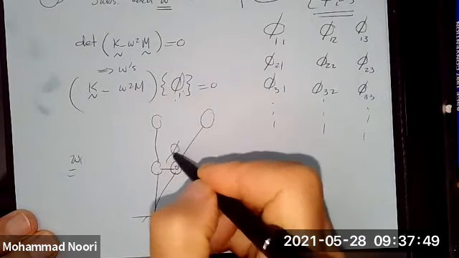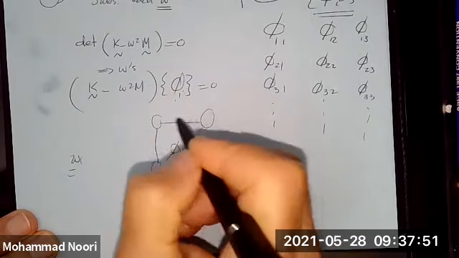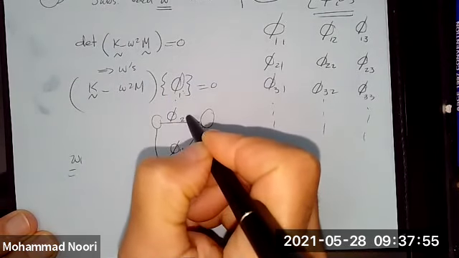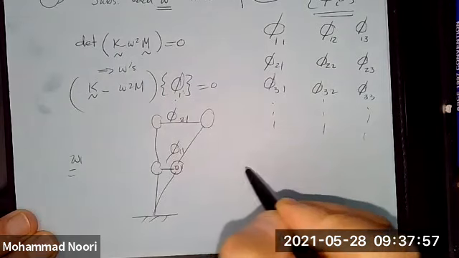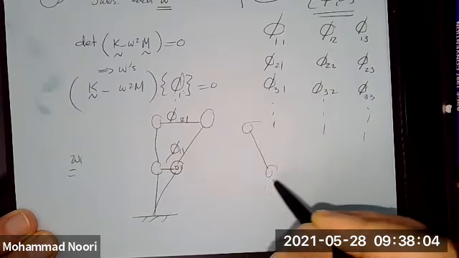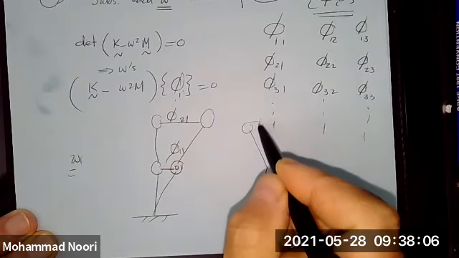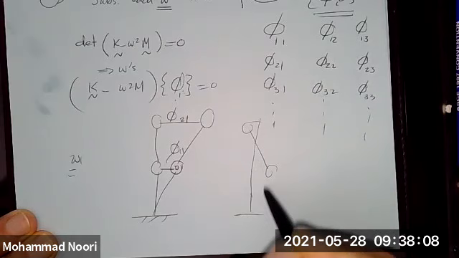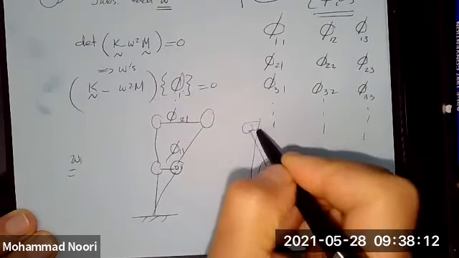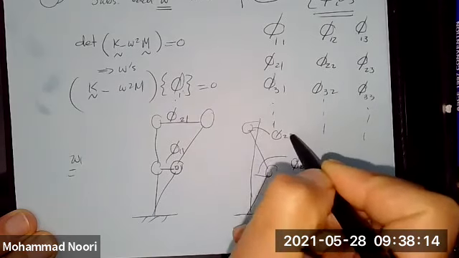This was your phi11, this was your phi21. And in the case of the second one, this was phi12 and this was phi22.